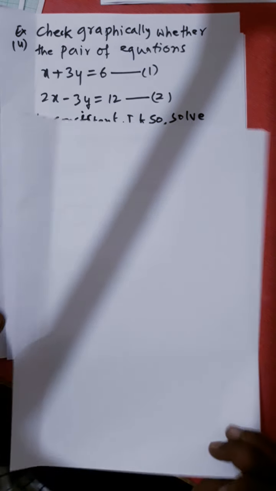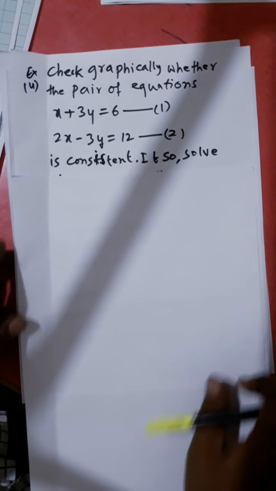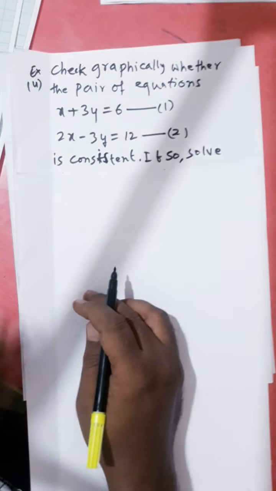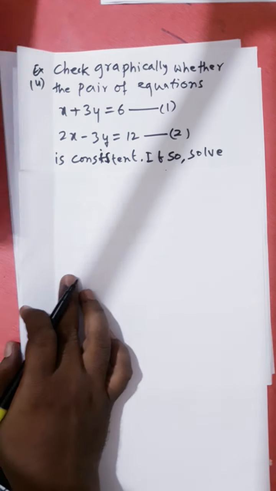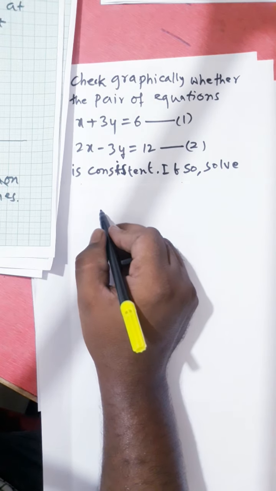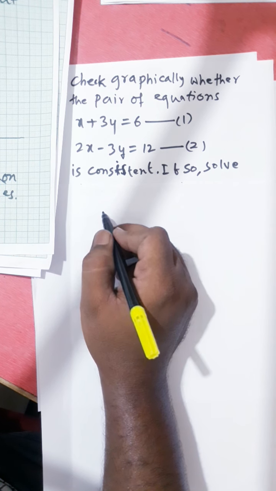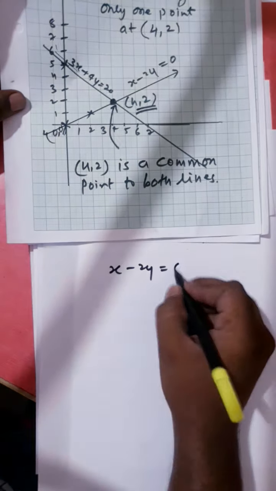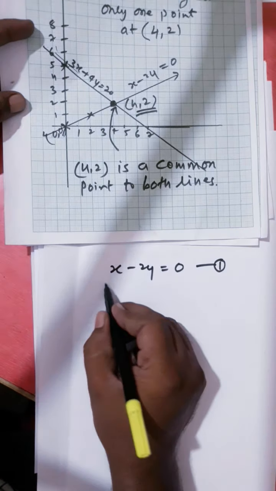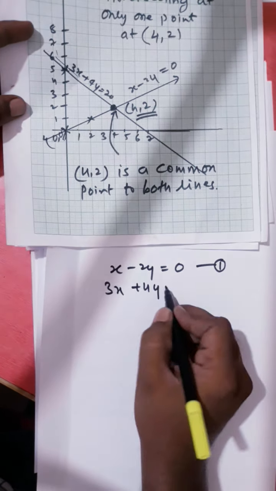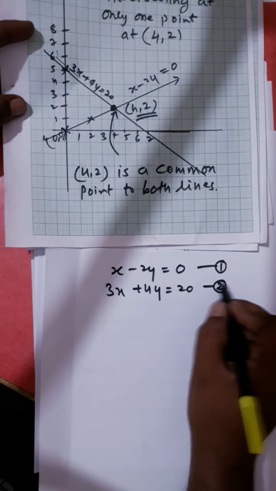See, if they are intersecting lines, this pair of lines I will take: x minus 2y is equal to 0 is one equation, and 3x plus 4y is equal to 20 is the second equation.